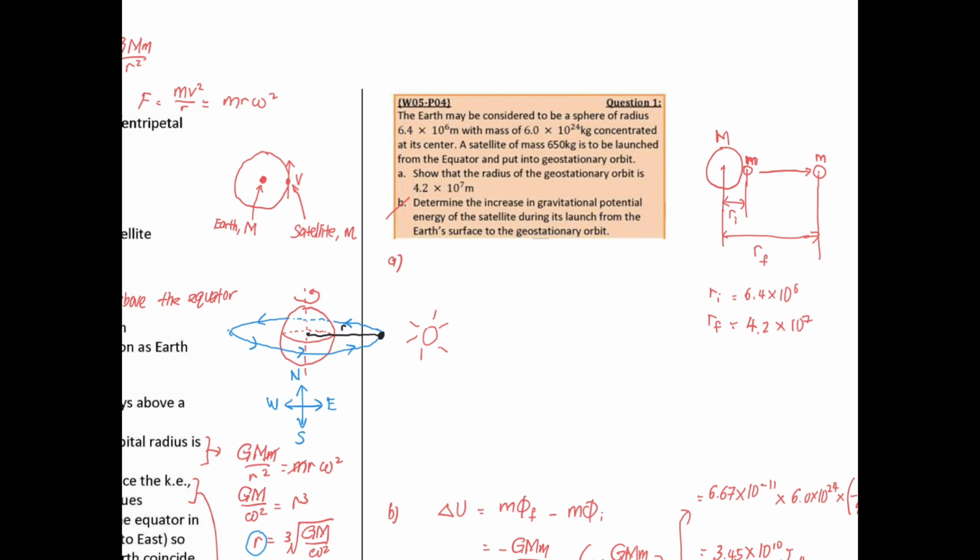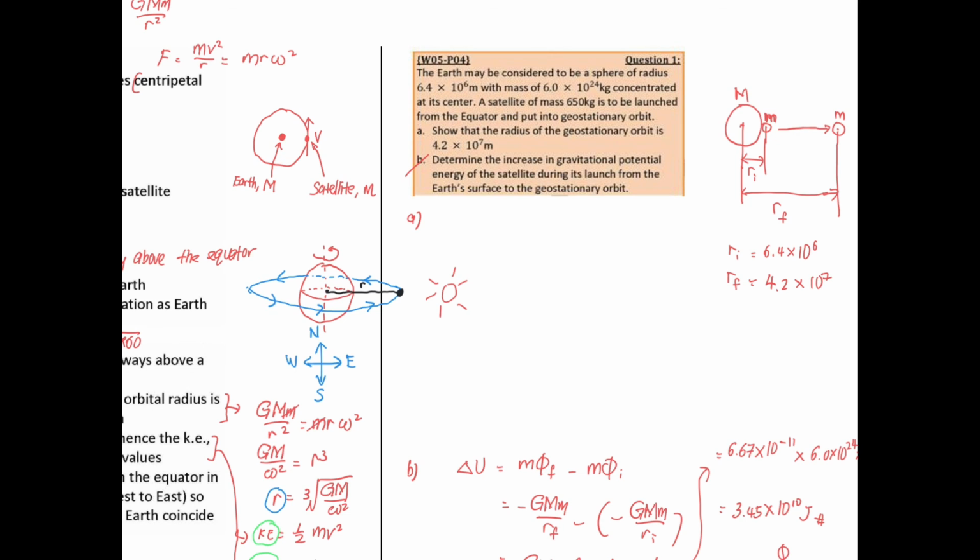The discussion is done just now at this particular part: GMm over R squared equals mR omega squared. So we are doing this, and now let us just substitute value. But of course you have to show working, so you have to show GMm over R squared equal to mR omega squared.